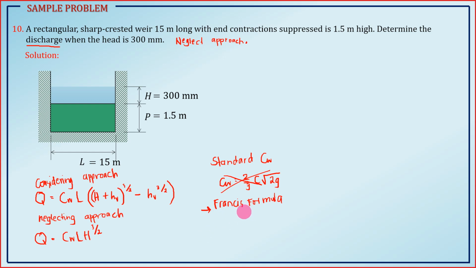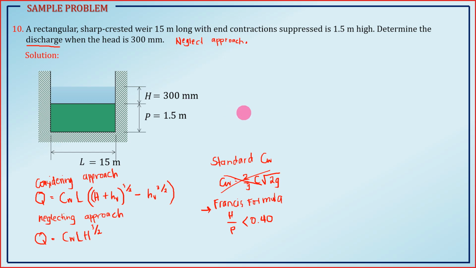Okay? But for our Francis formula, di ba, meron tayong dalawang equation diyan. And we have to check for the ratio of H over P. Kailangan less than sa 0.4 para magamit mo yung CW na maikli. Pero pag nag-greater than, kailangan yung mahaba. So, sige, check muna natin si H over P. Tingnan natin kung ano yung gagamitin natin value ng CW.